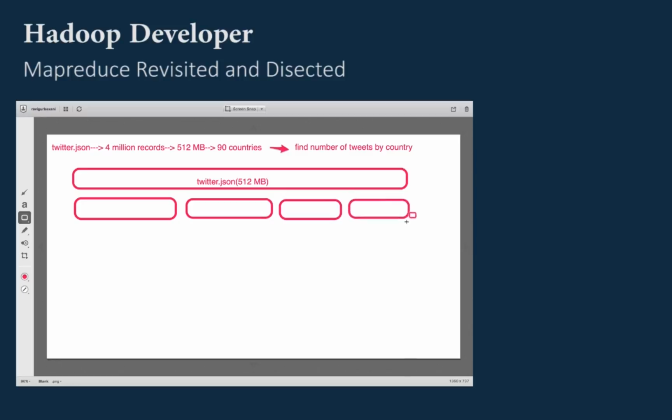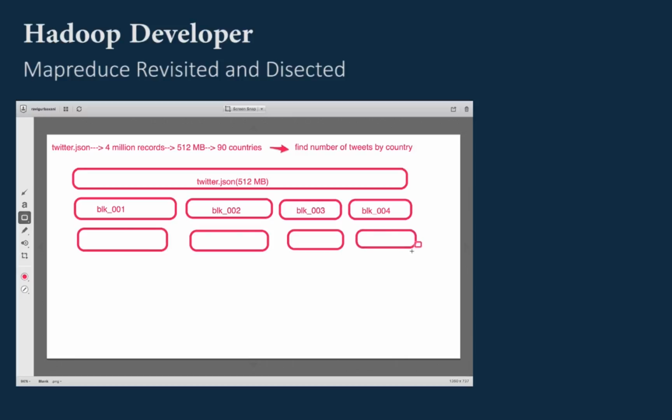So hypothetically, each block will have 1 million tweets. So there are 4 blocks. Because there are 4 blocks, there'll be 4 mappers. So each mapper will process 1 block and hypothetically 1 million tweets.